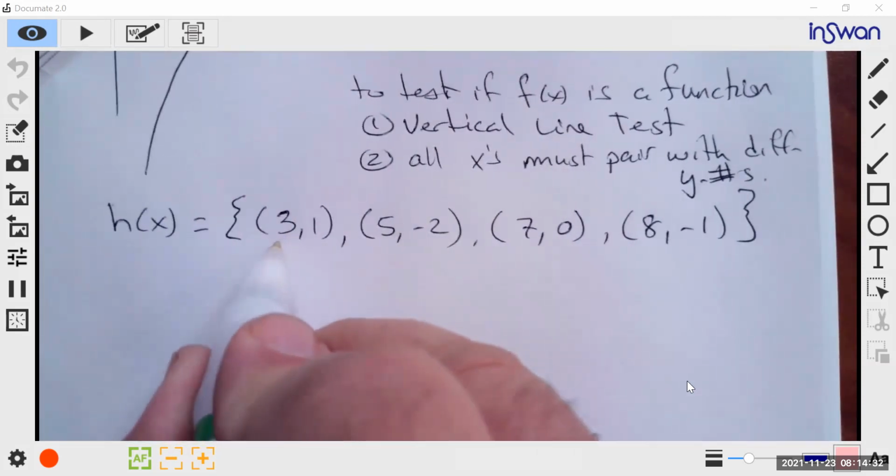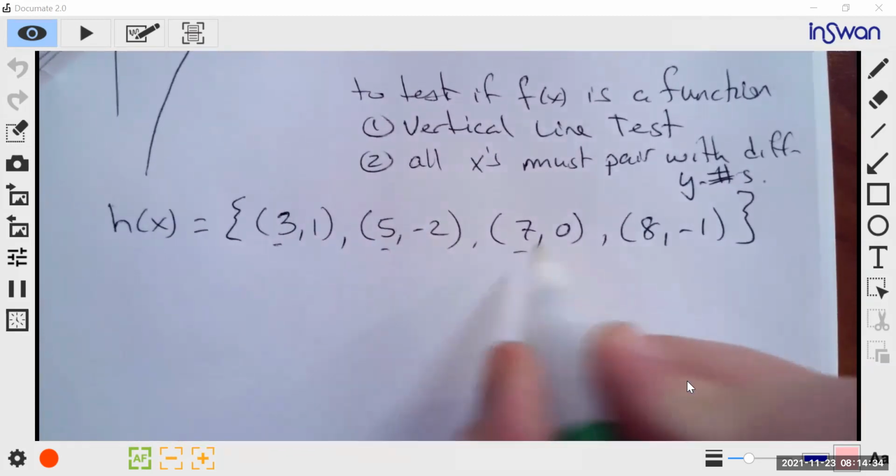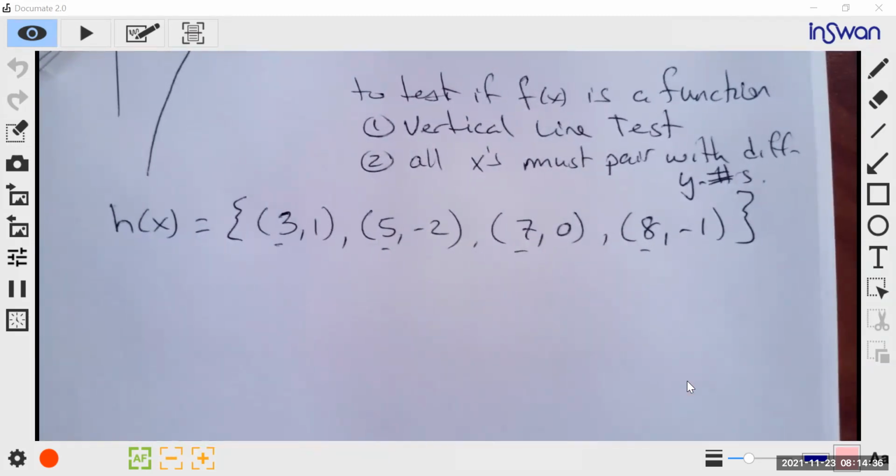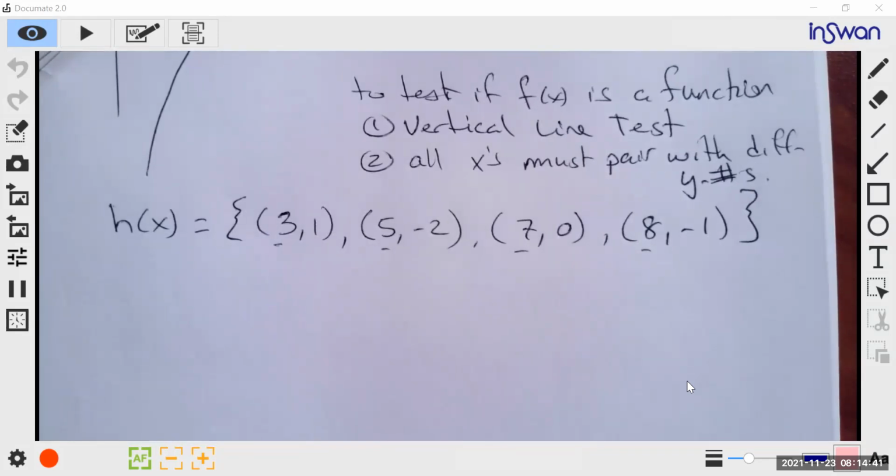In other words, if all your x's are different, then it is a function because it is one-to-one. If all of your x's are different, then you have a function.